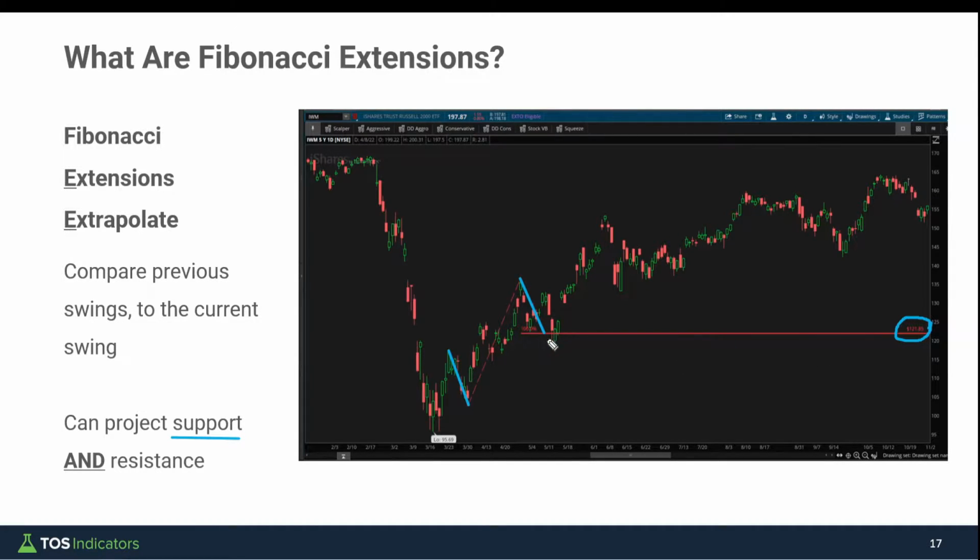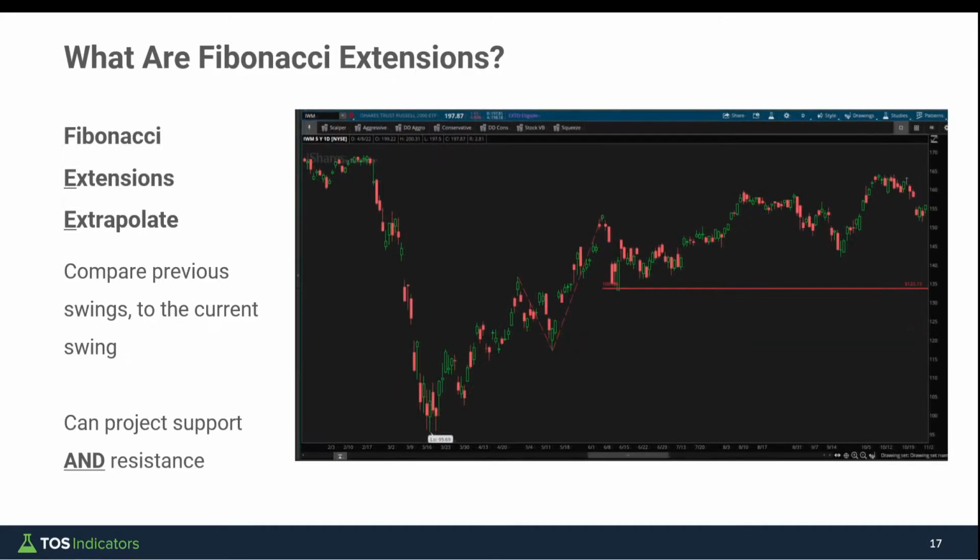Now here we can see that this swing, while similar, was off by just a little bit. Price went a little bit below our support zone that we had extrapolated. But this gives us swing number 2, so now we have an additional data point. Now for the next swing, using this swing high right here, we have 2 different swings that we can extrapolate, but let's start by first extrapolating our most recent swing, which is going to be this swing right here. So what happens if we extrapolate that?